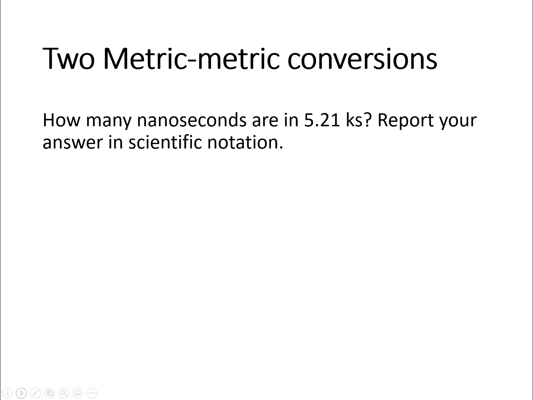We're going to do two metric conversions. So that means instead of just needing the one, we need two. You're going to need to be able to figure out when you need to just use one unit equation and when you need two. And that's what we're going to talk about in this example. So I'm going to go through this one, and then you'll have the opportunity to do one on your own.